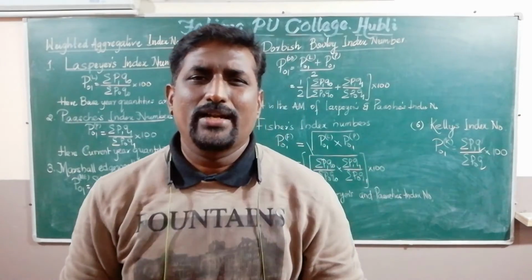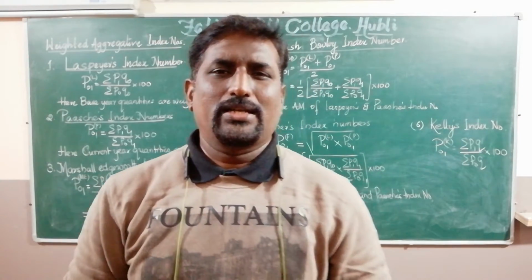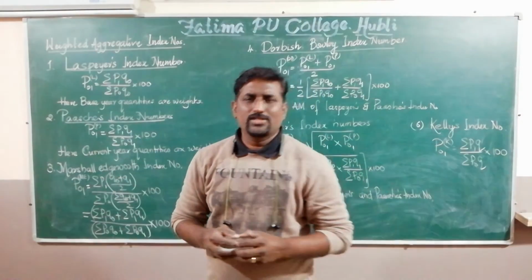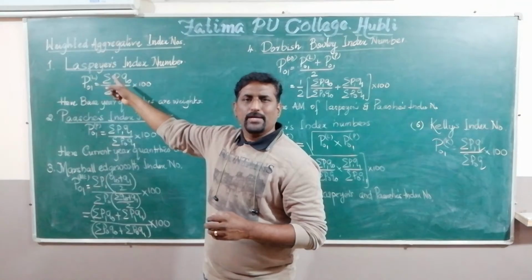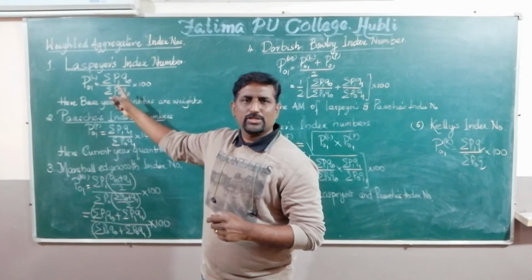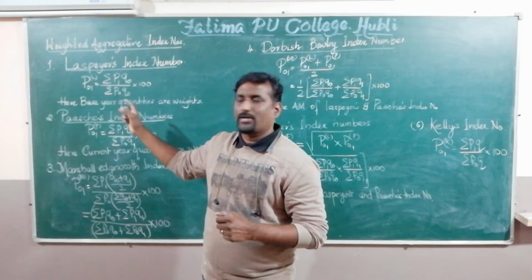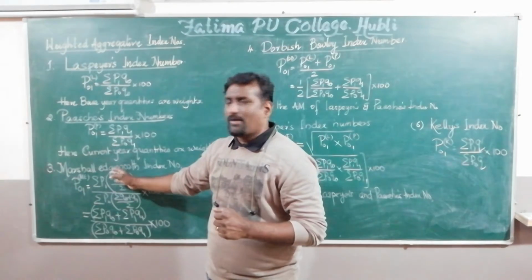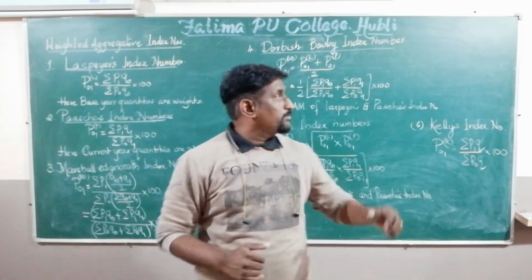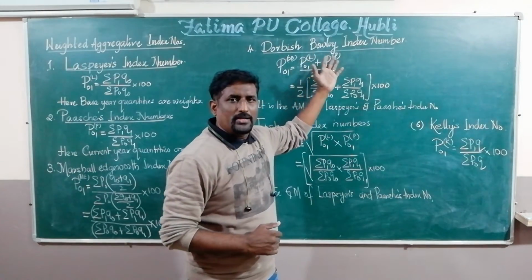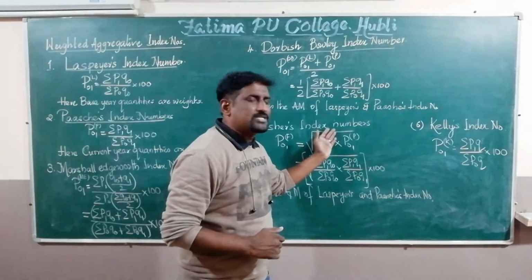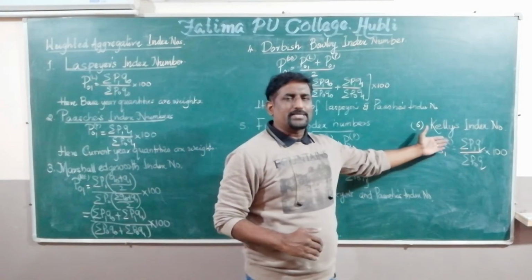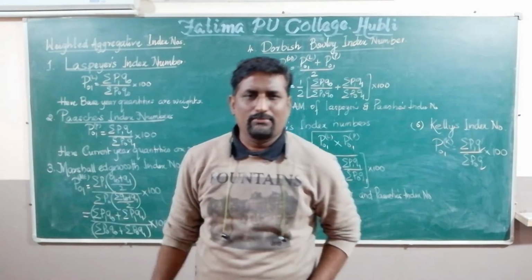Number 1 is called Laspeyres index number, students. Number 2 is Paasche's index number. Number 3 is Marshall-Edgeworth index number. Number 4 is Dorbish-Bowley index number. Number 5 is Fisher's index number. And number 6 is Kelly's index number, students.